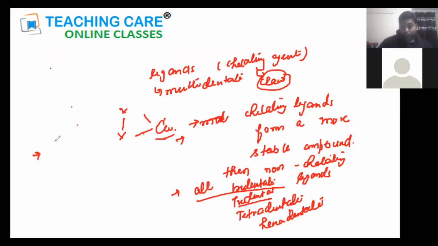I am giving some common examples of ligands with their nomenclature. First is ammonia. This is very commonly used.